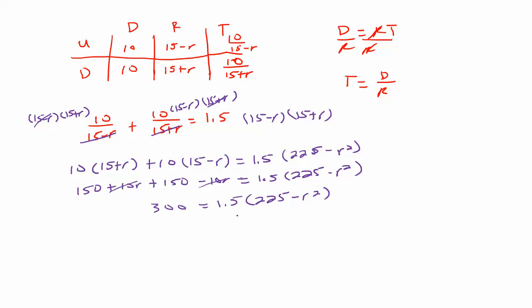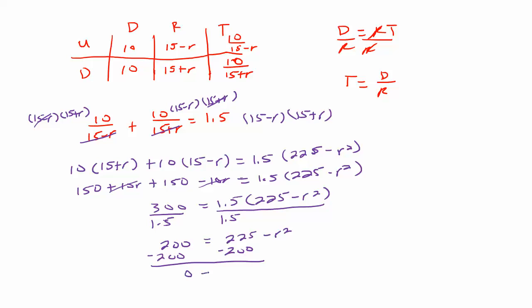Okay, let's divide both sides by 1.5 to get that cleared out of there. Then 300 divided by 1.5 gives us 200. Then we have 225 minus r squared. Subtract 200 from each side.